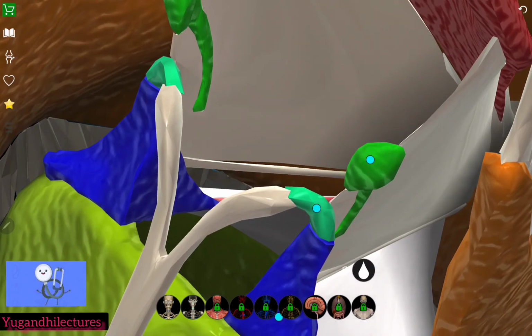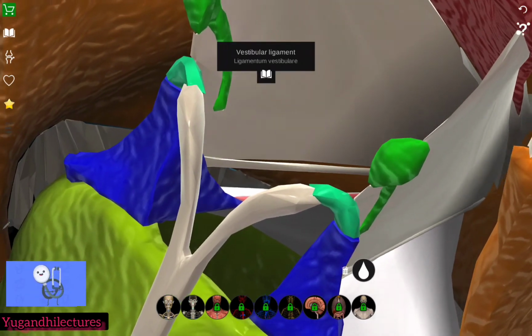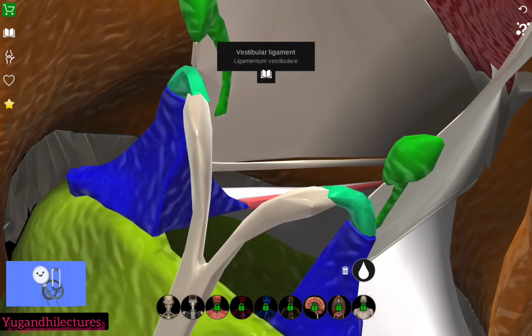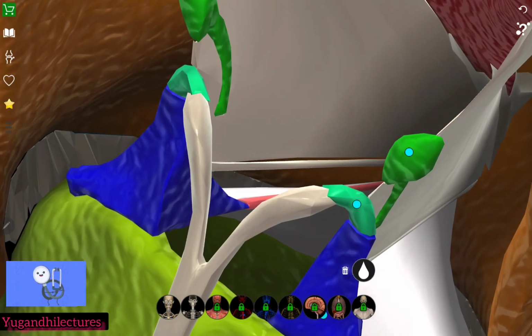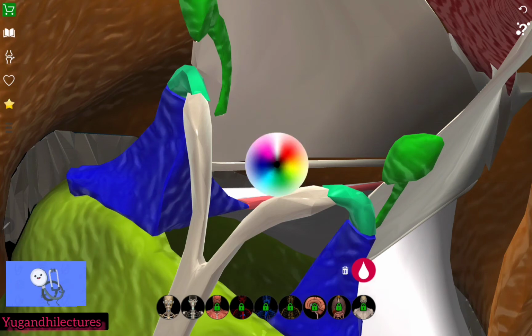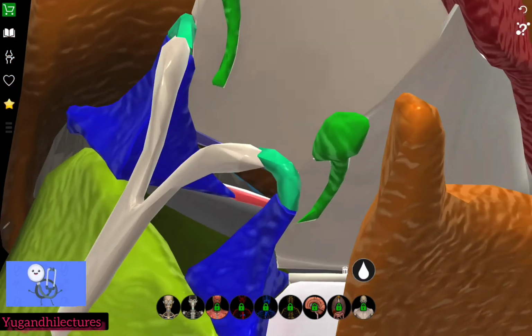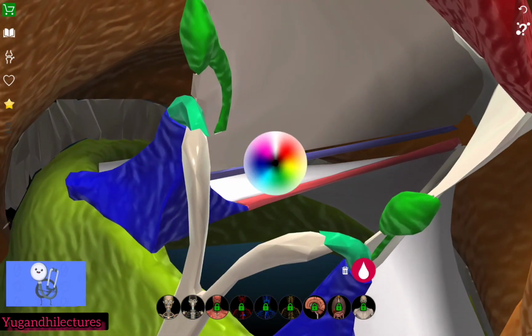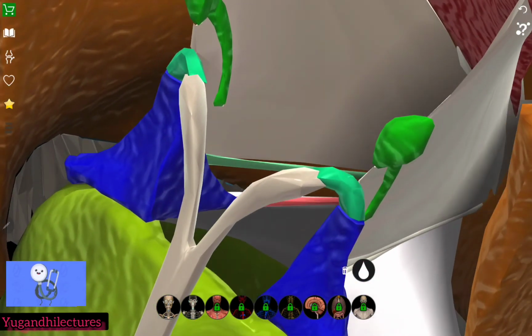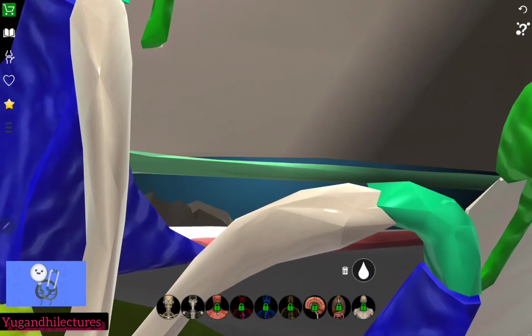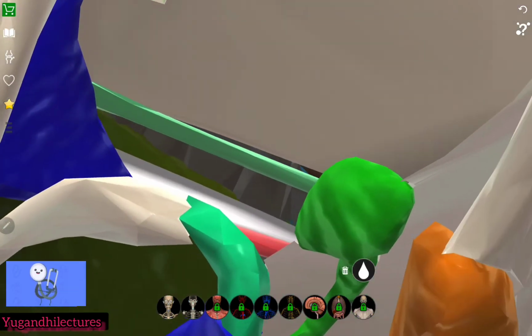Then you can see here the vestibular ligament is just attached above the vocal ligament. I am colorizing that too so that it could be easily identified. You can see here a green shaded extension.